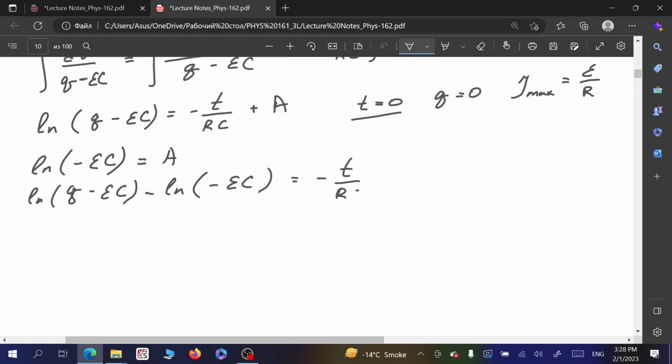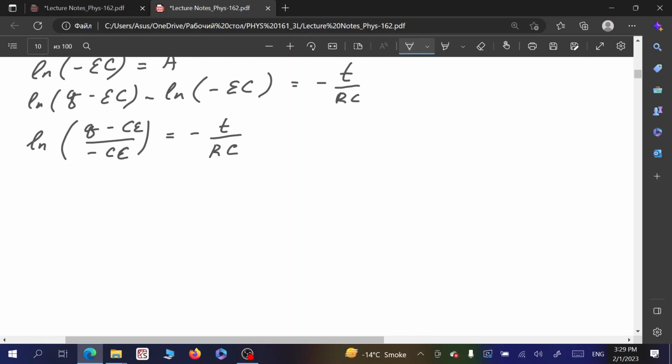Now, the difference between logarithms gives us logarithm of the ratio. So we can write natural logarithm of q minus c epsilon over minus c epsilon, and that is equal to minus t over r times c.